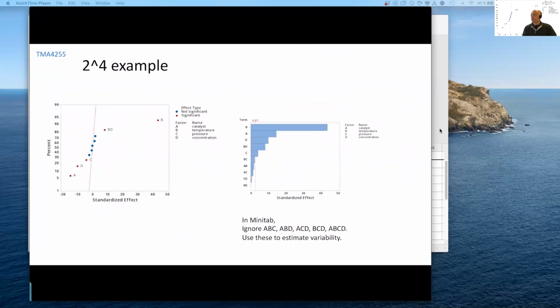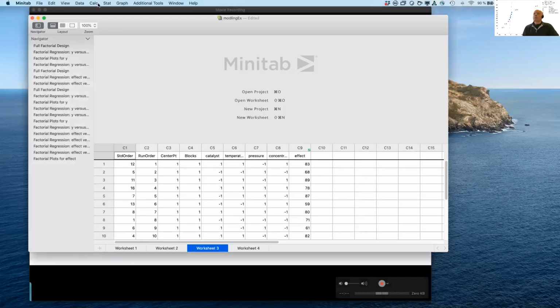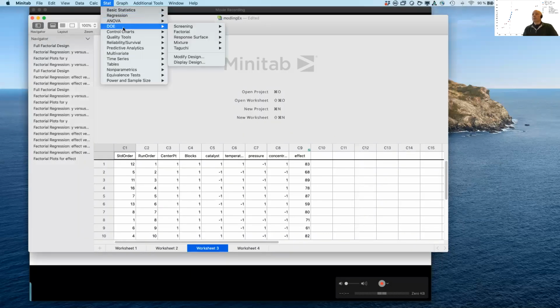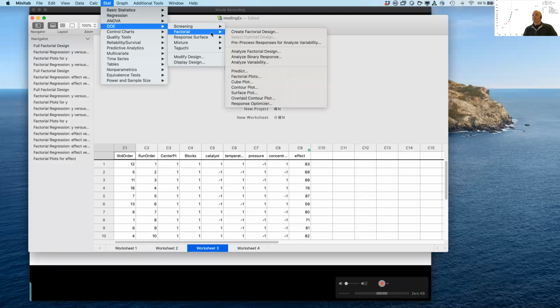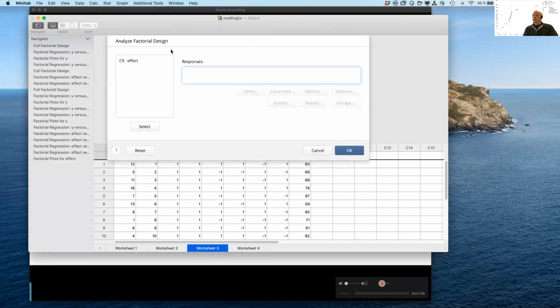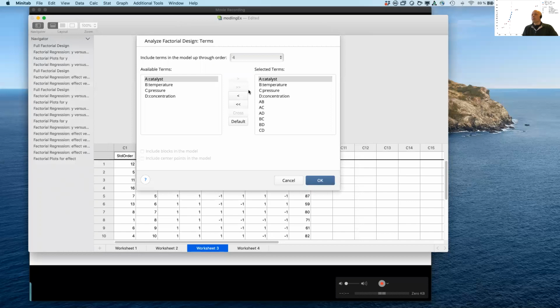So we can then go to Minitab and say, okay, we want design of experiments. We want a factorial experiment, and we have created this. So now we want to analyze this factorial design. So I choose effect as the response, and then I can select how many terms I want to have in my model.